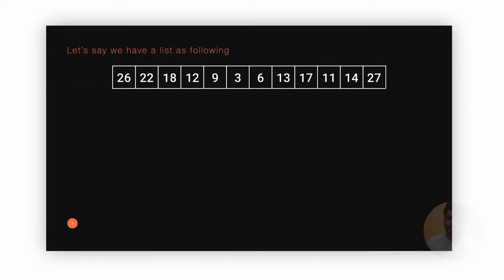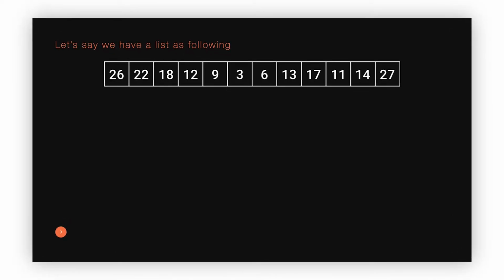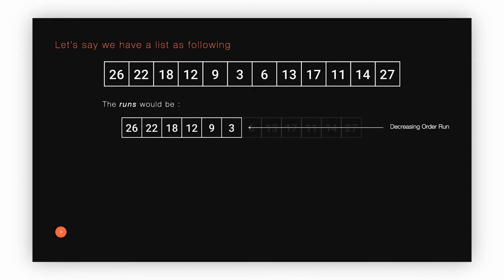Now let's take an example. Look at this list. We observe that the first 6 elements, that is 26, 22, 18, 12, 9, 3, are all in decreasing order. Now at 6 we find that the order breaks. So the elements from 26 to 3 are all in a decreasing order and they form the first run.